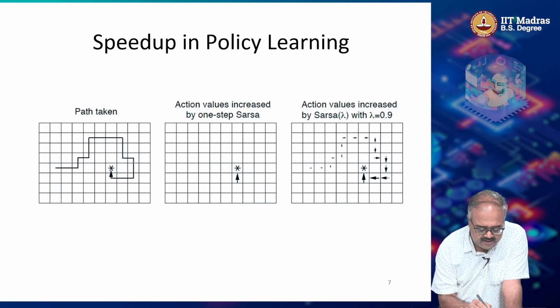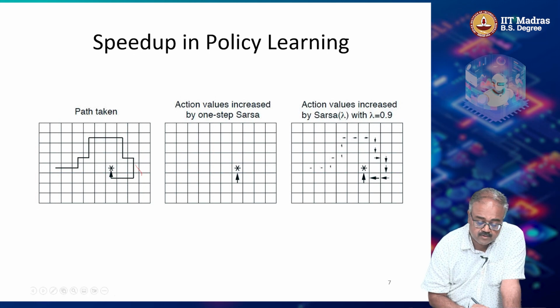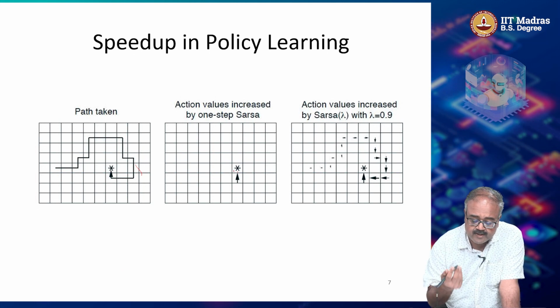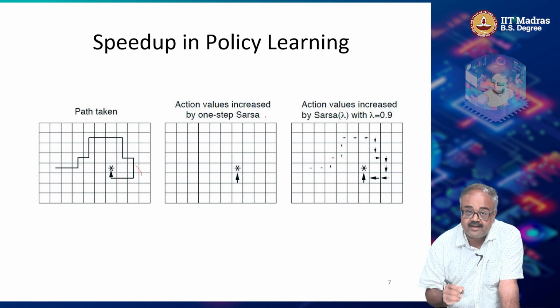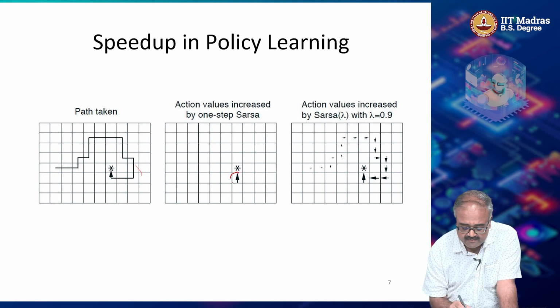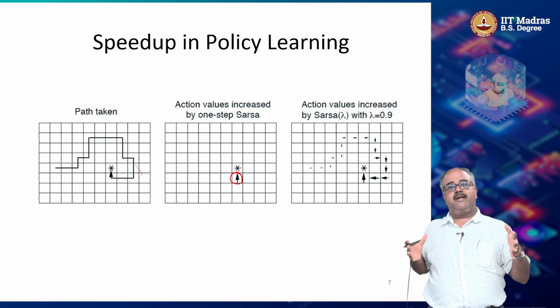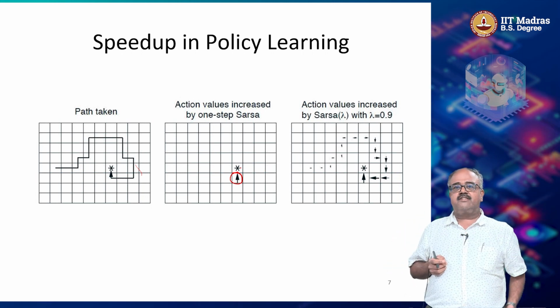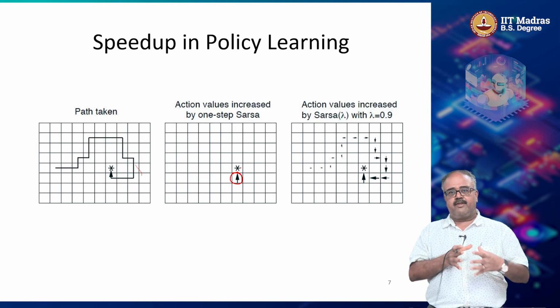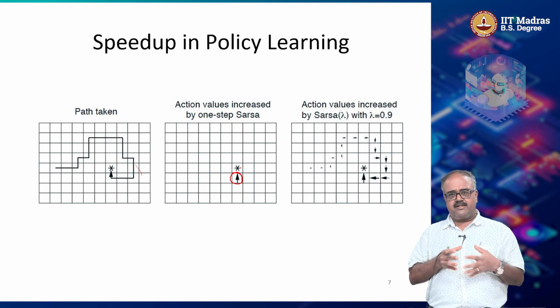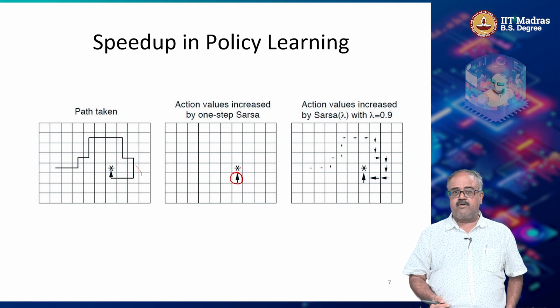Suppose there is a trajectory and you get to the goal by going through this pathway. If I am using my regular SARSA, or my one-step SARSA as we call it, then only this Q value will get updated. But remember, SARSA uses TD0 for updation, so I can use a TD-lambda like update for SARSA.